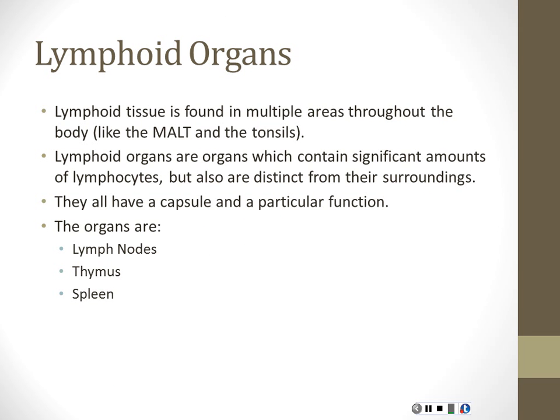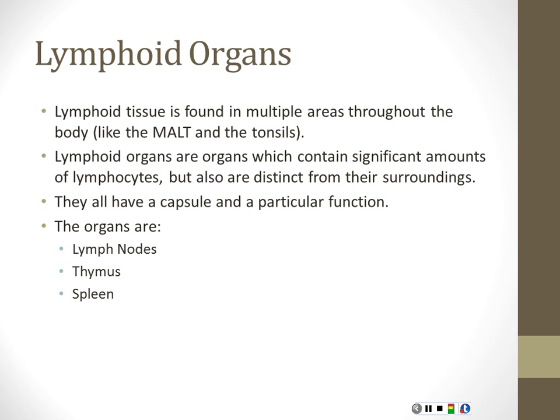And then we talked about the lymphocyte family and how in certain parts of the body, like in the MALT and the tonsils, we find great big clusters of lymphocytes. It's as though the immune system has put its best pieces right where infection is likely to occur.